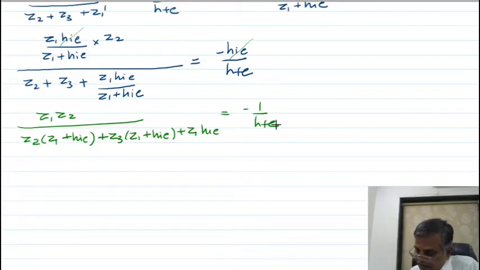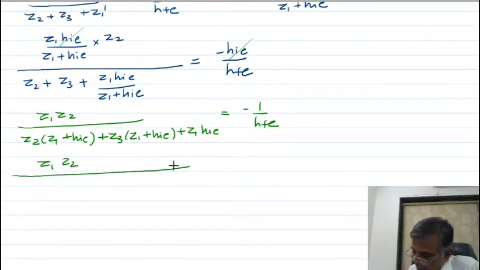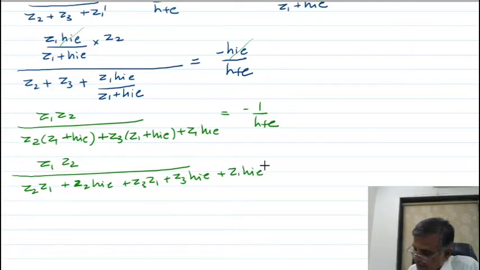I think it is very clear. So Z1 Z2 upon Z2 into Z1 plus Z2 HI plus Z3 Z1 plus Z3 HI plus Z1 HI is equal to minus 1 upon HAV.